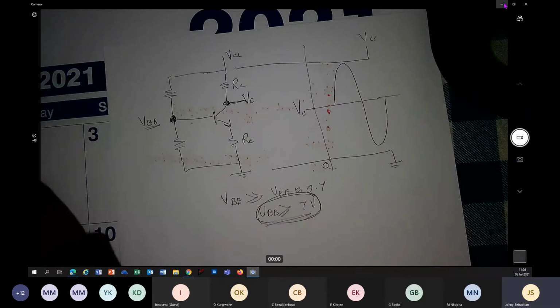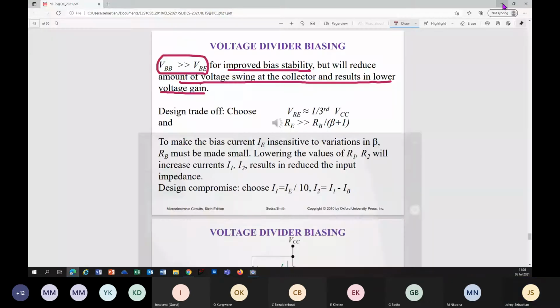We need compromises. We are trying to keep VBB very much greater than VBE, but at the same time we need a compromise. In engineering terms, we call it a design trade-off. That means we are gaining on something and compromising on something else.